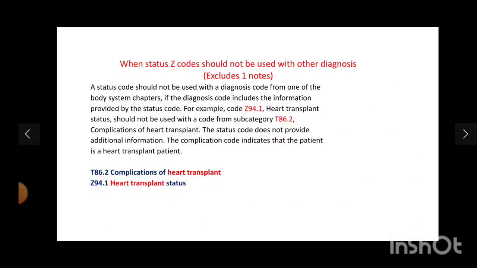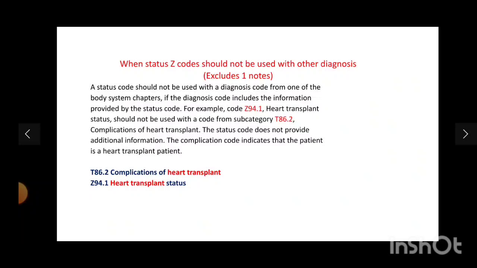So here you see one example. Diagnosis code is T86.2 and status code is Z94.1. The diagnosis code says complication of heart transplant, which means the patient already has a heart transplant. So there is no need to give another code to mention Z94.1, heart transplant status.